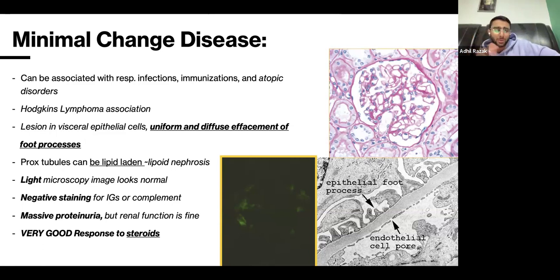They could have something called lipoid nephrosis, very characteristic for minimal change disease. And the immune staining is negative. It shows almost nothing, and there's massive proteinuria, but the renal functions are fine. And one good thing is that it has a very good response to steroids. So after steroid treatment, the patient is good to go.